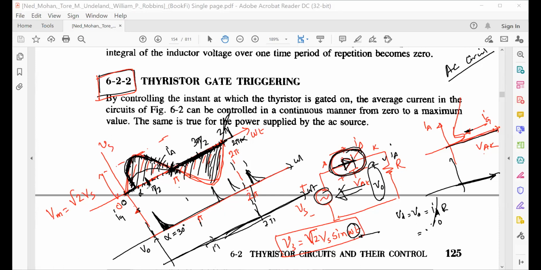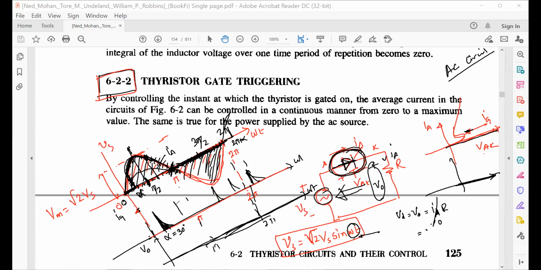So the problem is how we will generate this gate pulse, and we must have the knowledge of where you are, whether your Vs has the phase angle pi by 2 or twice pi. So we have to synchronize our input voltage to generate this firing pulse.